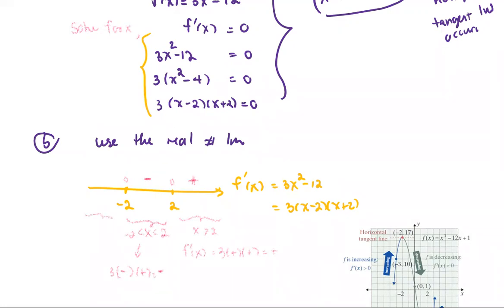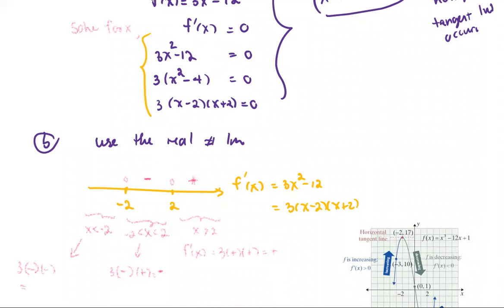And then the last interval is the numbers less than negative 2. For x less than negative 2, the sign of f prime is the sign of 3 multiplied by the quantity less than negative 2. If you pretend x equals negative 3, negative 3 minus 2 is negative, and negative 3 plus 2 is another negative sign.